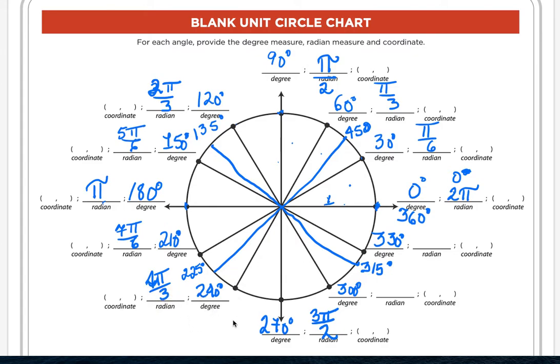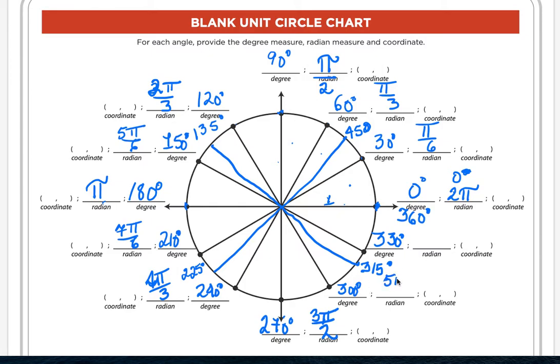All right, and then I come back over here. That's still 3 pi over 2. So, okay, we said this was 8 pi over 6. 9 pi over 6 is this. This is 10 pi over 6 right here.